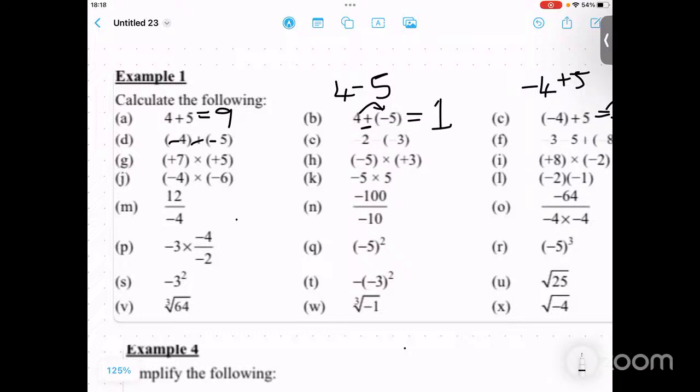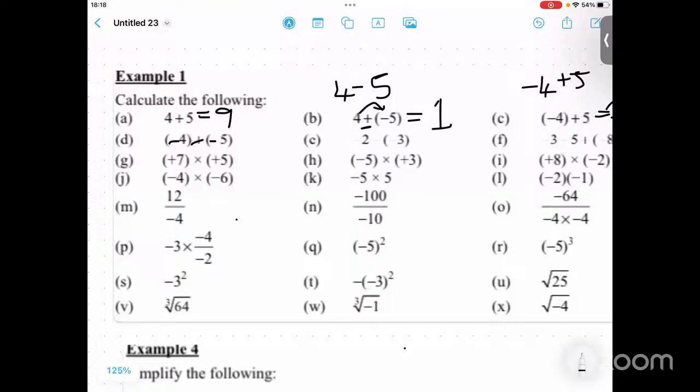Because when I learned this year, a negative and a negative give us a positive. When we are adding, we get a negative. When you add a negative with a negative, you will get a negative there. But when you multiply a negative with a negative, you get a positive, right? Yes, ma'am.